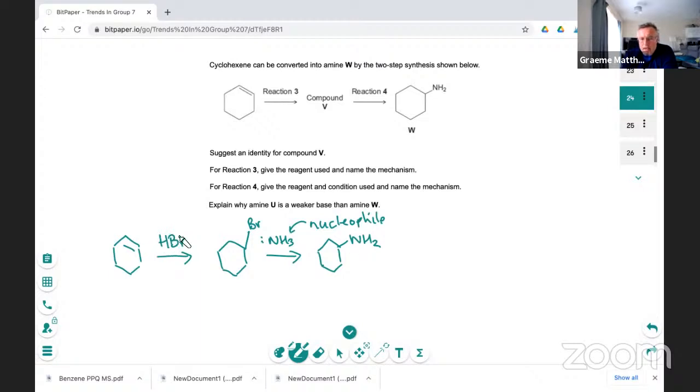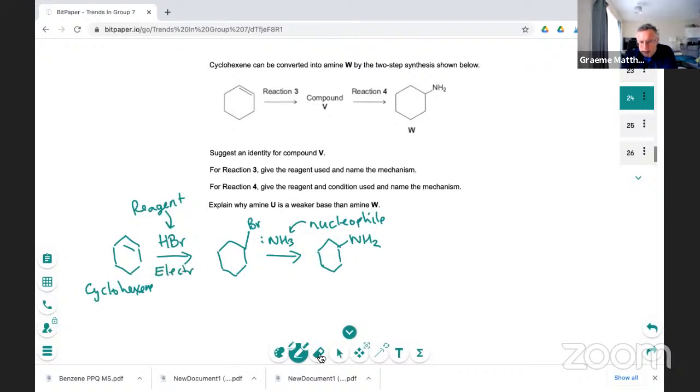I'm thinking alkene here, cyclohexene, and some HBr. So my reagent right there would be HBr. And well, it's still a ring, and it's a double bond, isn't it?